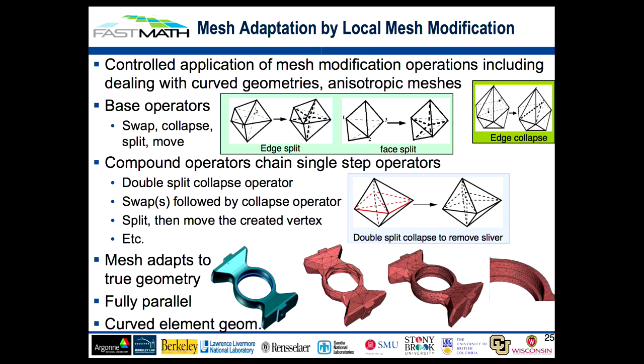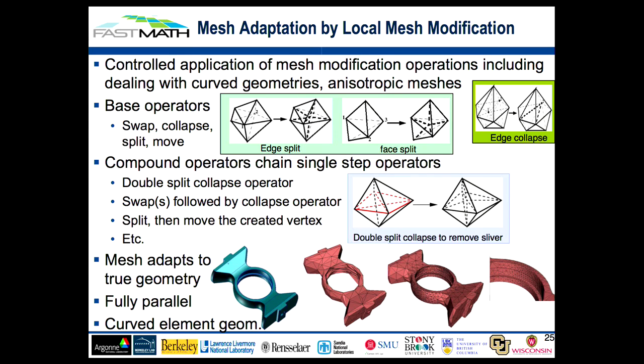And the specific tools we've developed do support fully anisotropic meshes. We do curved domains. You'll see examples of these later on. And as I mentioned, we can do this incremental solution transfer. This slide just indicates some of the basic operations. There's entity level operations, and what you find is if you just leave it to single entity level operations, you can't always get the things you want.